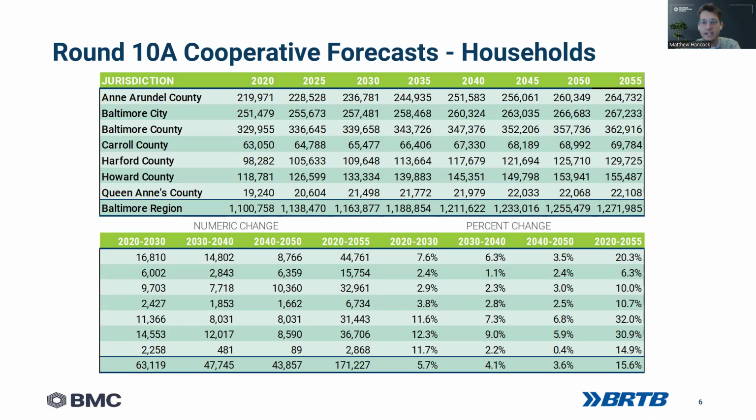While it still has relatively fewer households, it is maintaining that growth. Our largest percentage increase is in Harford County, with households growing by 32% from 2020 to 2055, with Howard closely following at 30.9% and Anne Arundel at 20.3%.